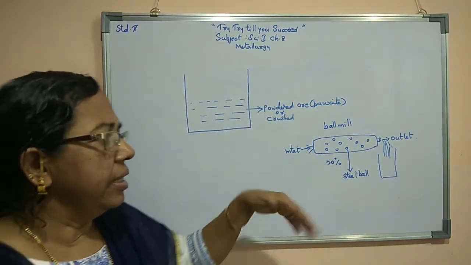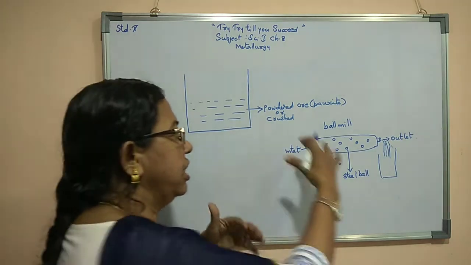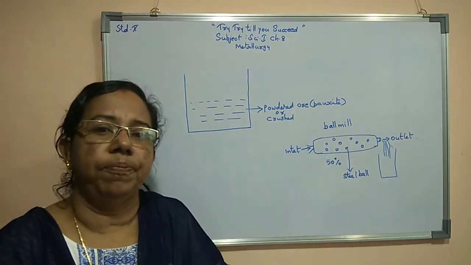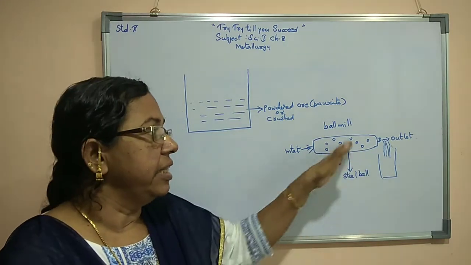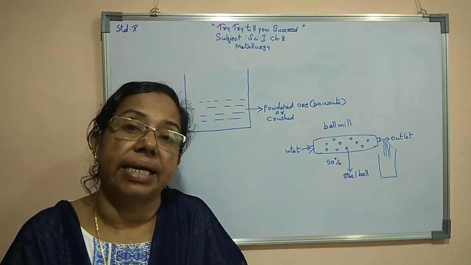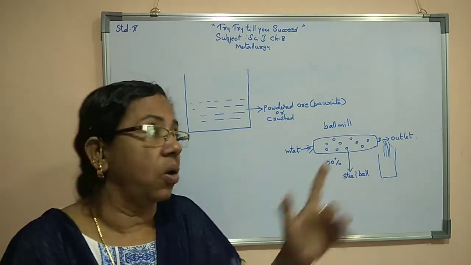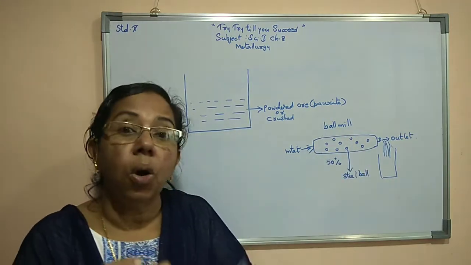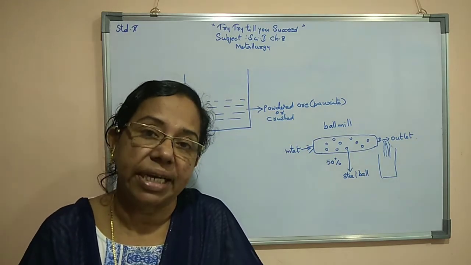As and when the machine starts working, at that time these balls will move here and there. As a result, with force, these balls will move in the cylindrical container and collide, they will hit the bauxite ore. As a result, powdering of bauxite ore will take place.